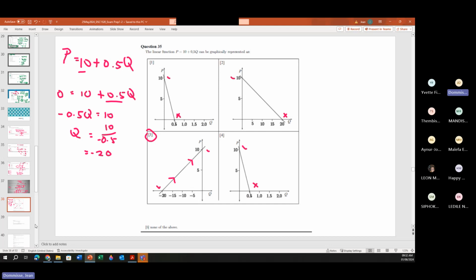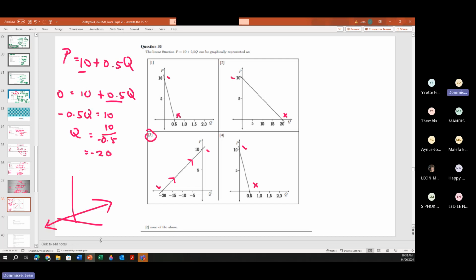So you could have said that from the start nearly, because that's the only one. Perfect. Because the slope is positive, it needs to be something that goes into that direction.